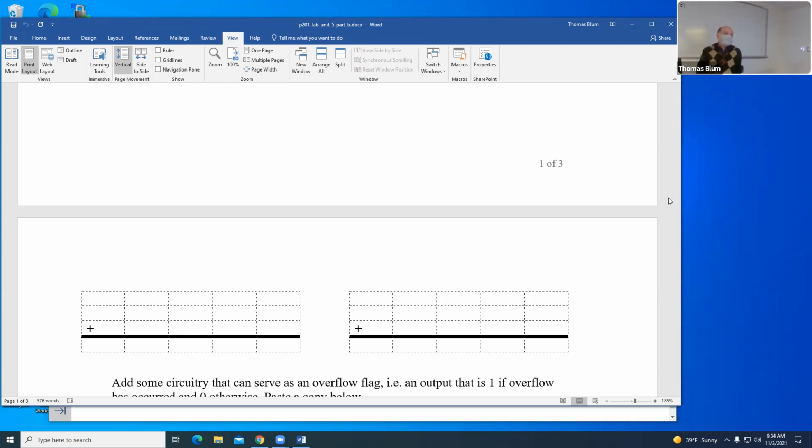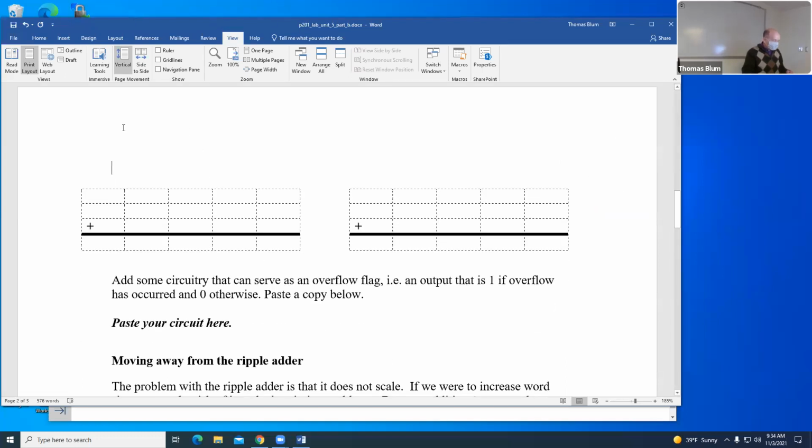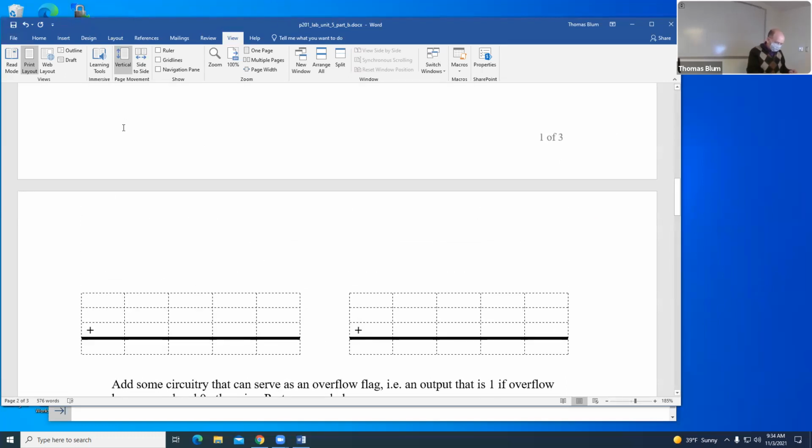So we're going to be dealing with signed numbers, numbers which have a sign. And if we have 16 of them, then we go from -8 to +7.